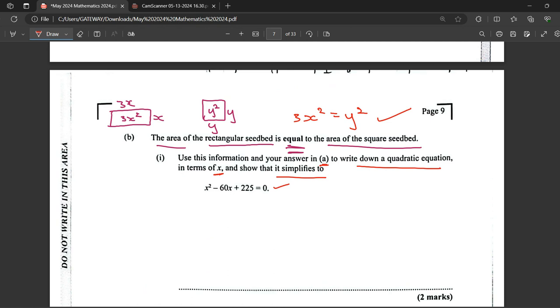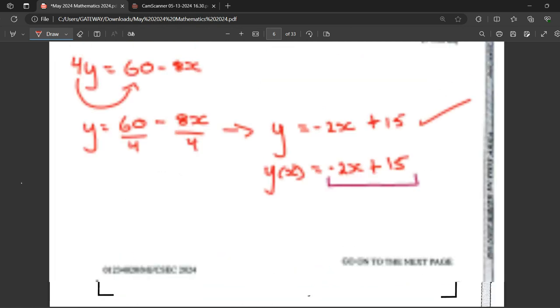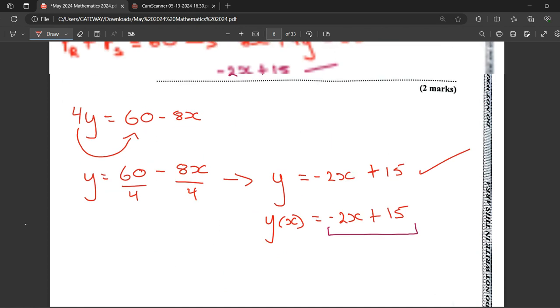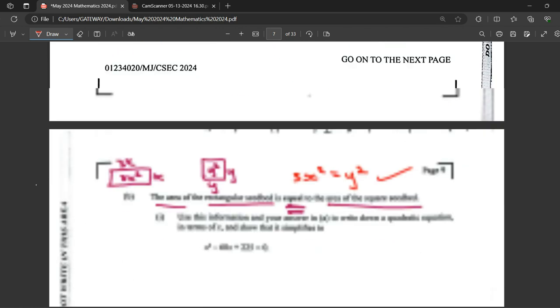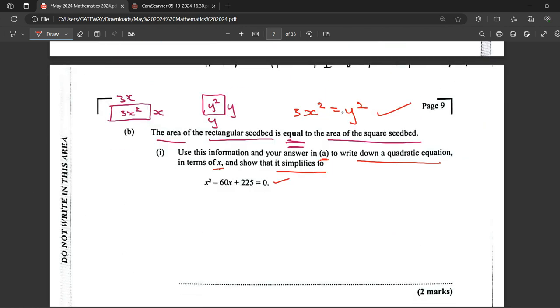So if I scroll back up, I have 4y is equal to 60 minus 8x.